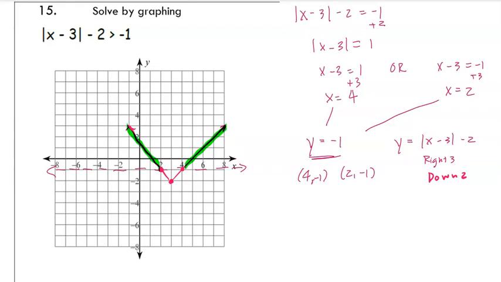So you know that the answer to that is going to be x is less than 2, or x is greater than 4. And you could have actually solved it, but that's how you solve by graphing. You graph the 2 different equations, and then you just see which area is either less than negative 1, or greater than negative 1. Good job, guys.